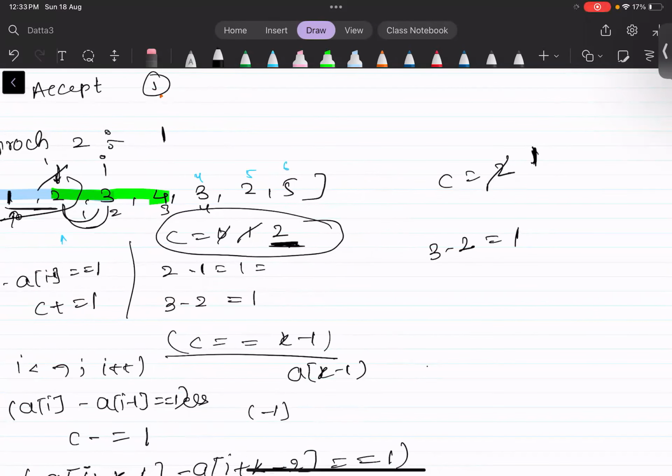Now, the next subarray will be this, 3, 4. Now our next subarray will be this, starting at index 2. Now, as we added 3 to our subarray, if the difference between this pair of elements is 1, 3 minus 4 is minus 1, right?